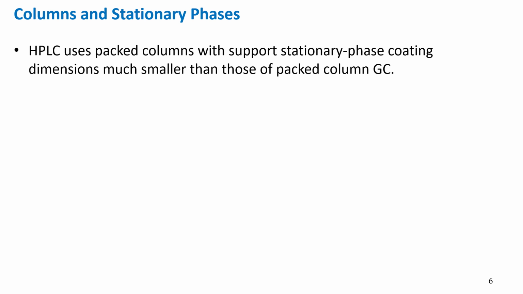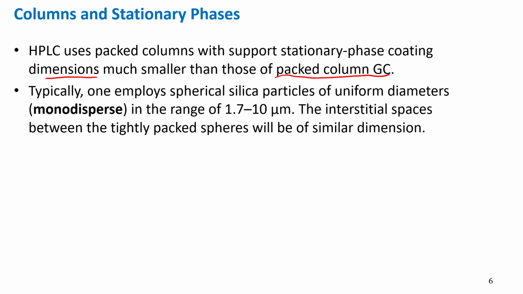Okay, so HPLC uses packed columns that have stationary phase with dimensions that, again, are much smaller than those in GC. Right? So when I say that, I mean the size of the particles. Typically, we want to try to use spherical particles, and we want them to be as uniform as possible, meaning monodispersed. We want them to all be the same size.